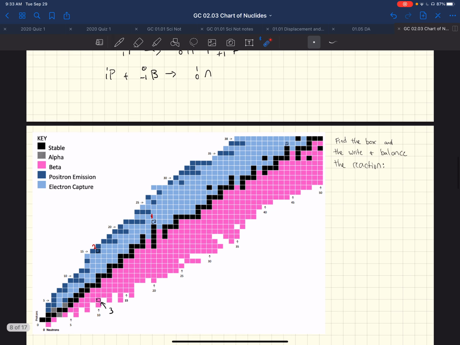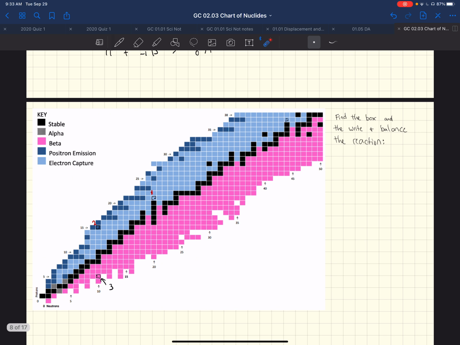Okay, and in fact, what I've done is I've taken it and I've broken it into a couple of different sections. And in each of the sections we can find different kinds of radioactive decay. All right, so first things first, we're going to look at this isotope right here. When I look at this, the x-axis is neutrons and the y-axis is protons.